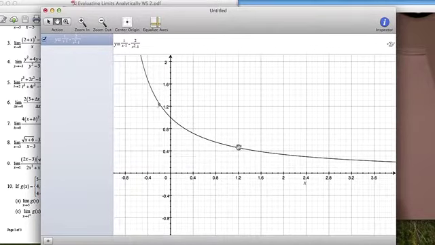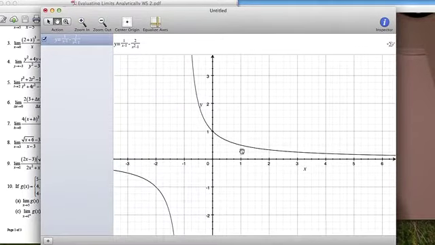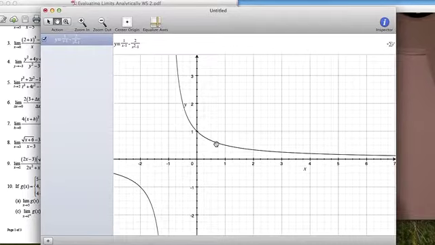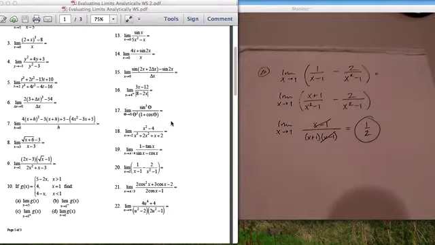The limit is right here, even though the function doesn't actually exist right here according to the original form of the function. I know that the limit does exist, and let's zoom out so we actually get the integers right there. You can see that at 1, this function has an output, or would have an output if there were no discontinuity, at 1/2, and therefore graphically we have confirmed that we have indeed evaluated the limit correctly.